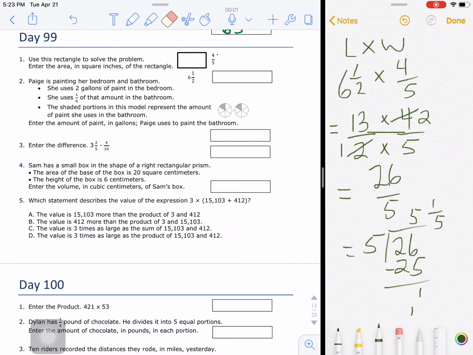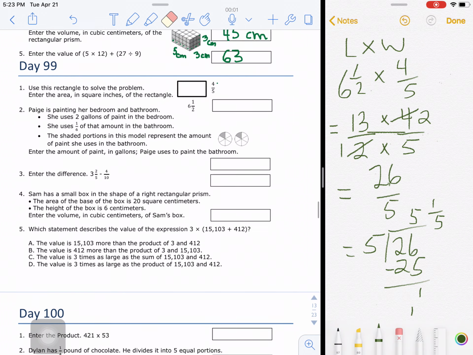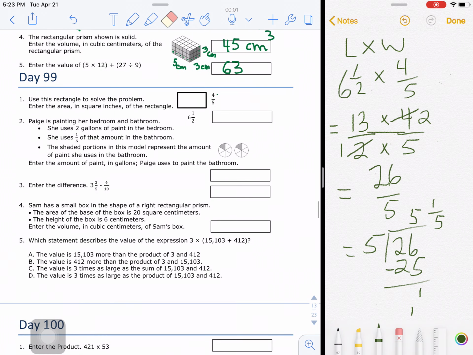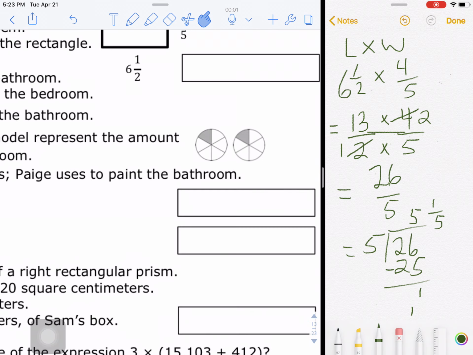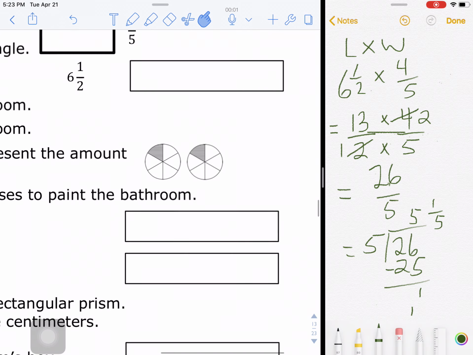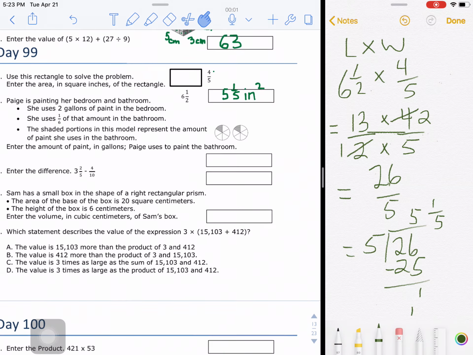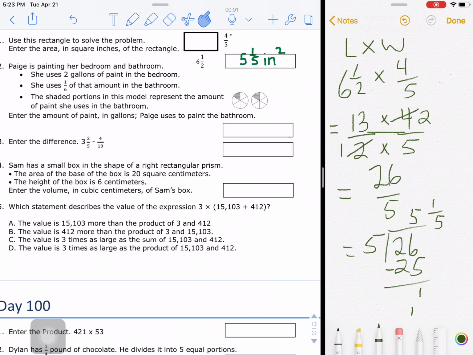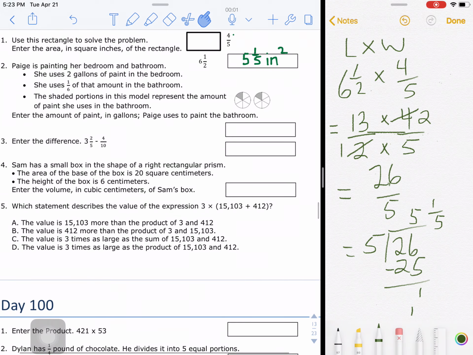So remember that when we are writing our answers for area, we are going to write with square units. So I have 5 1/5 inches squared, or you could write square inches. It really does not matter. Okay, let's take a look at problem number 2.